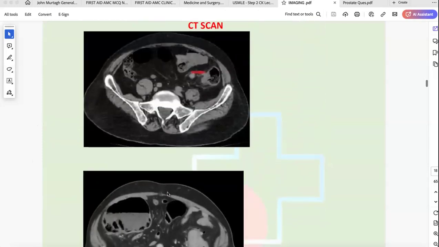Okay. Now, small bowel obstruction is easy because we know what to look for. But diagnosing a large bowel obstruction in a CAT scan or CT scan is one of the hardest ones. Because in 75% of cases, the large bowel obstruction happens due to a cancer.